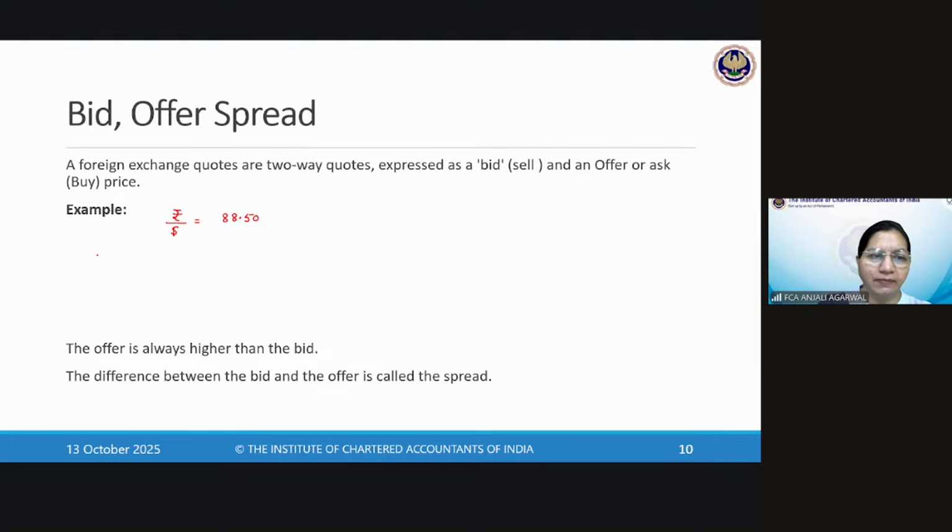But generally what happens is the banks or any other dealer will give two different rates for buy and sell.